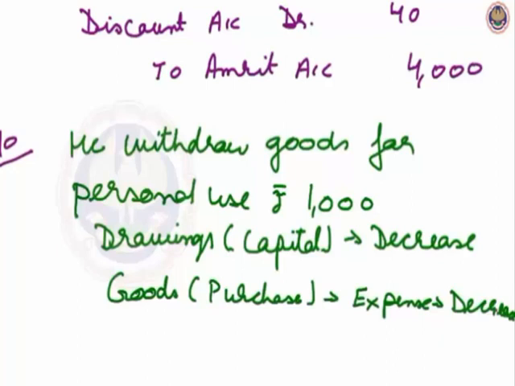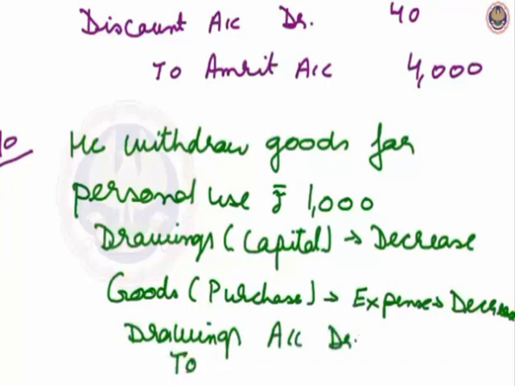Reduction in capital is always debited. So instead of using the capital account, we use the term drawings account. So drawings account is debited. And whenever there is outflow of goods at cost, we always use the term purchases. So entry will be drawings account debit to purchases account, rupees 1000 and rupees 1000.